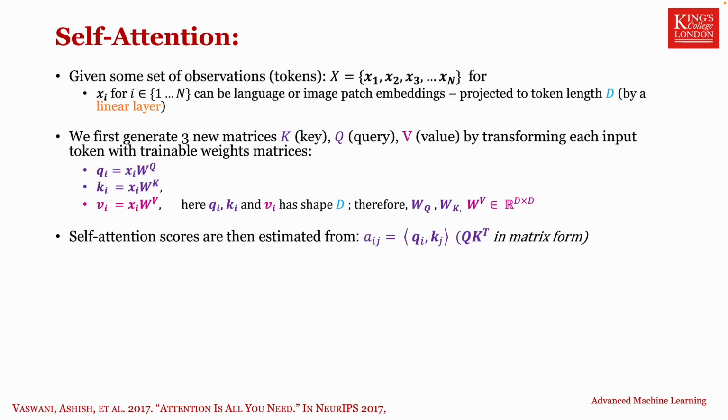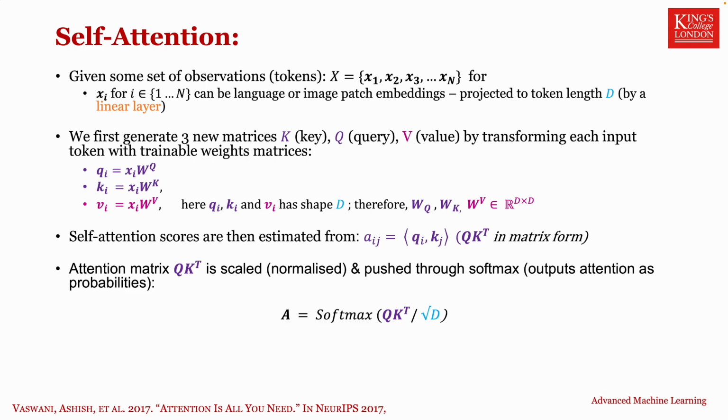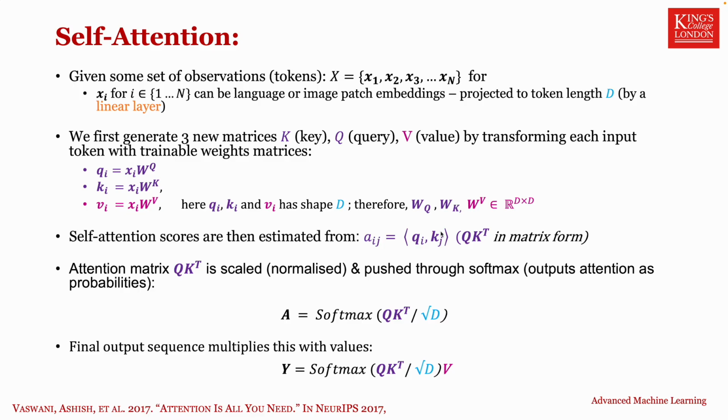These scores are first normalized by dividing by the square root of the length of the token, d. And then they're pushed through a softmax to change the outputs into a probability distribution, which can be interpreted as the probabilities of the key attending to the query. The final output then multiplies the attention weights with all of the values to decide which elements are carried through most strongly to the next layer.